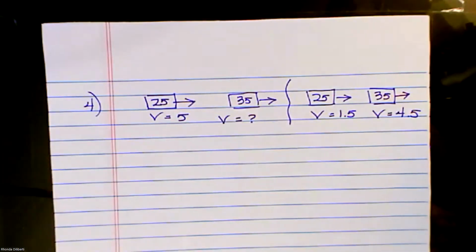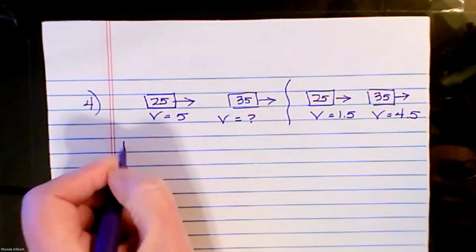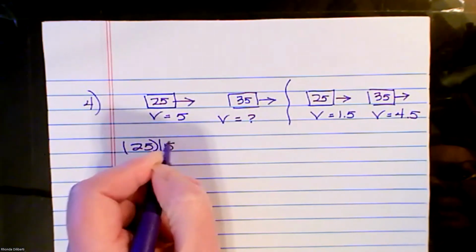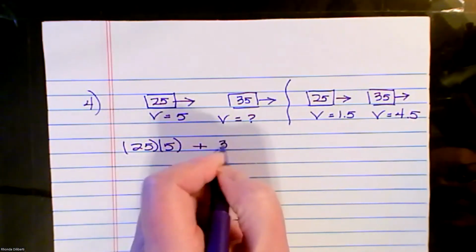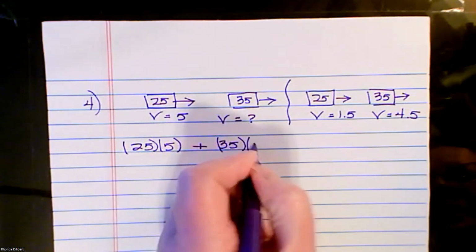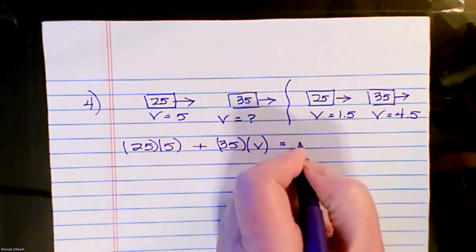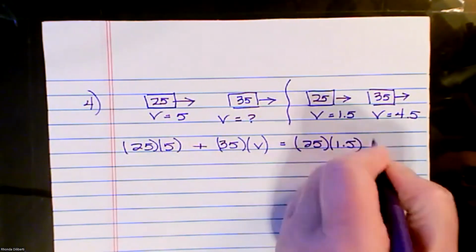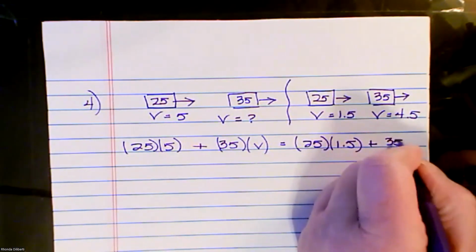So we don't know what that one is. So we're going to have mv plus mv equals mv plus mv.